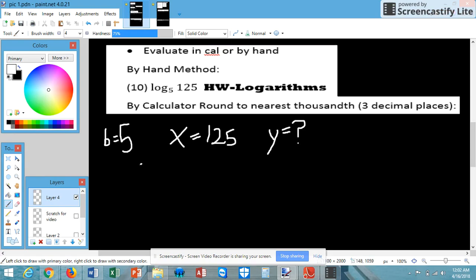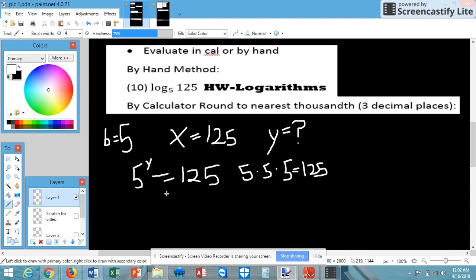So from there, we have 5 to some power equals 125. So if you remember from your exponential quiz and the notes, we know that 5 times 5 times 5 equals 125. There's 3 5s here, so it's going to be 5 to the 3rd power. So y equals 3. So basically log base 5 of 125 equals 3. And that's our answer.